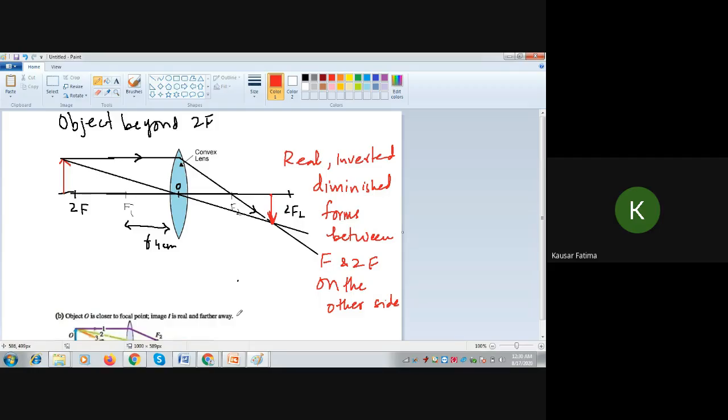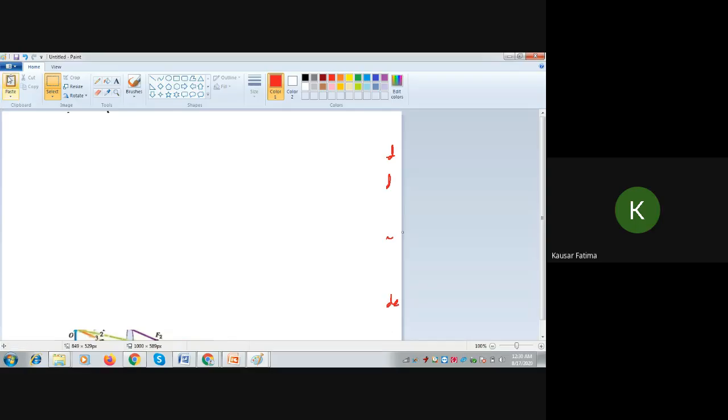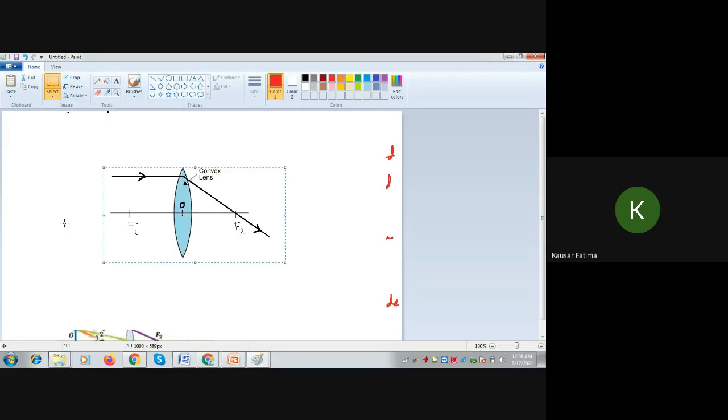What happens when the object is placed exactly at 2F? If the object is placed exactly at 2F, what will happen to the rays of light? This is the optical center, this is the principal axis.